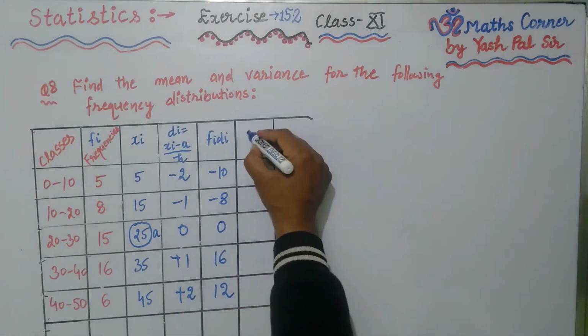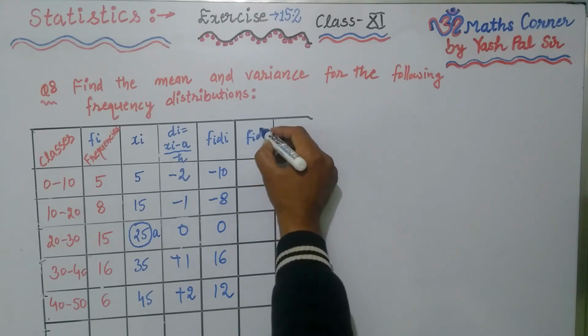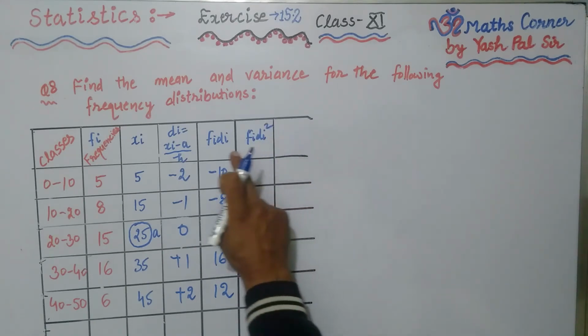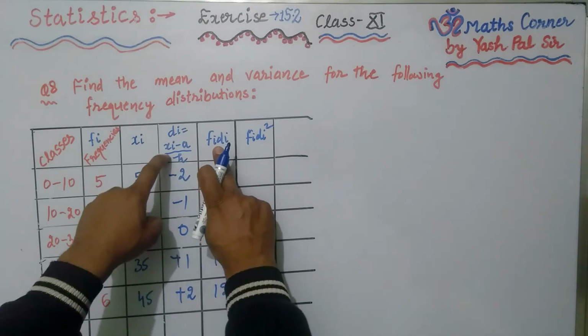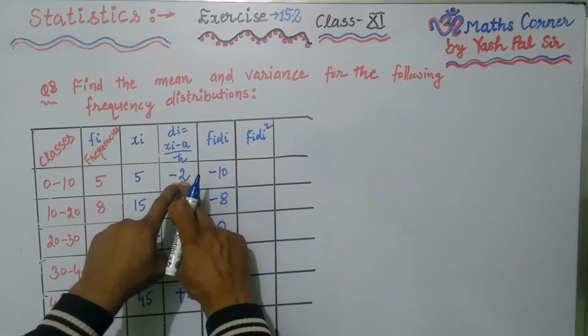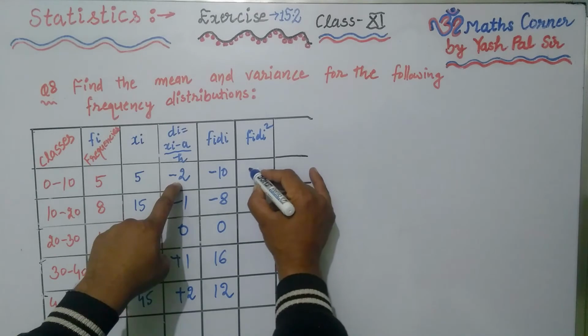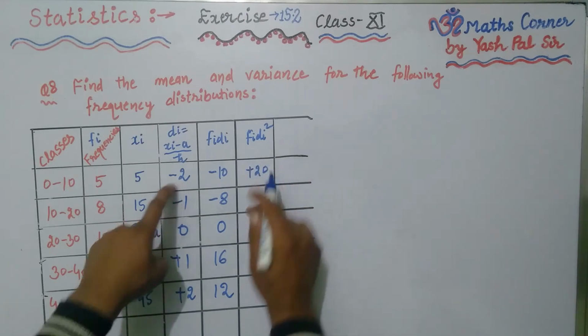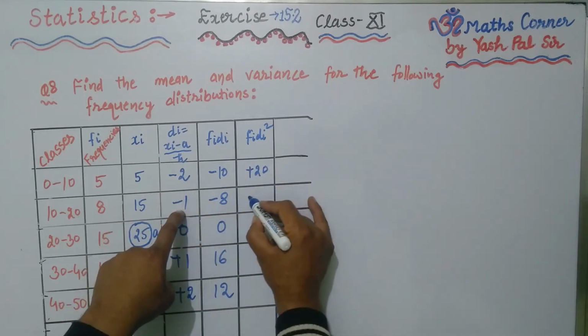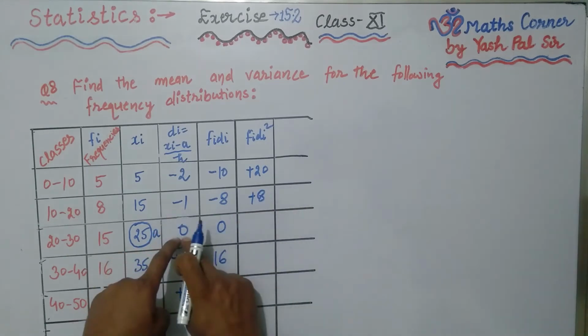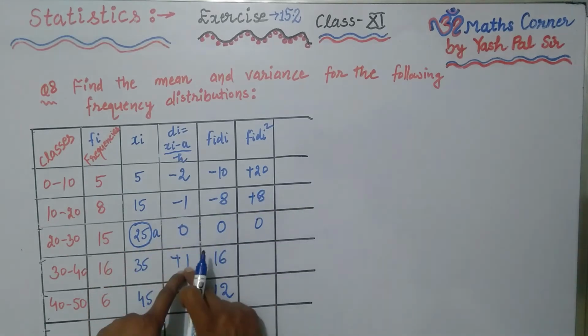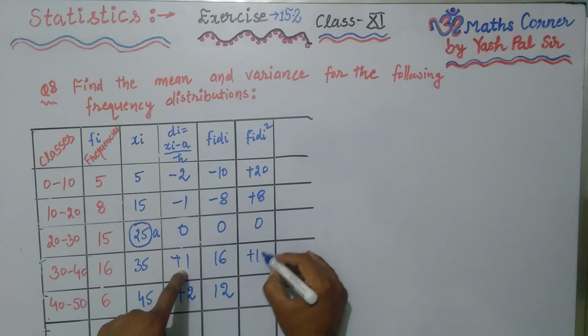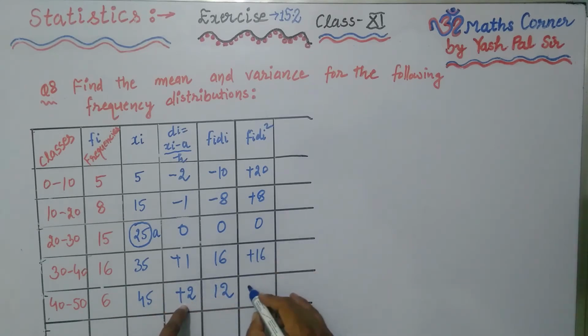Next we find fi di square, that is the product of these two columns. Minus 2 into minus 10 is plus 20, minus 1 into minus 8 is plus 8, 0 into 0, 1 into 16, 2 into 12.